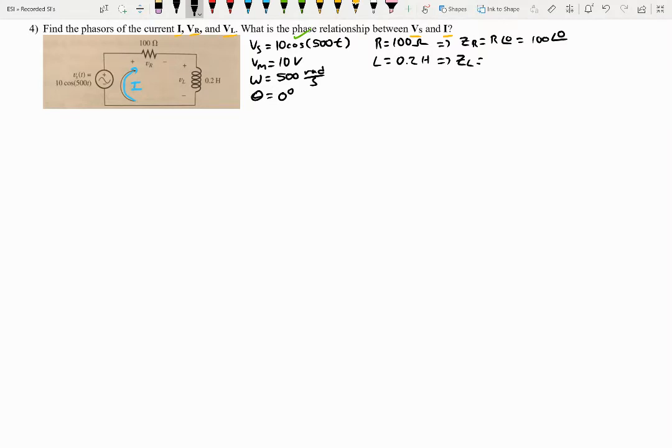Then Z of L will be j omega L. Omega we said was 500. And then 0.2 henries. So we will get j100, which is just equal to 100 at angle 90.